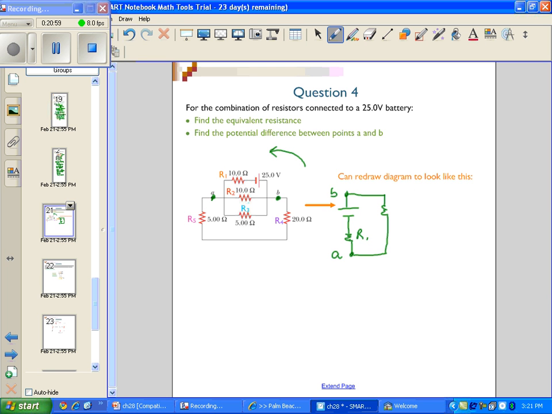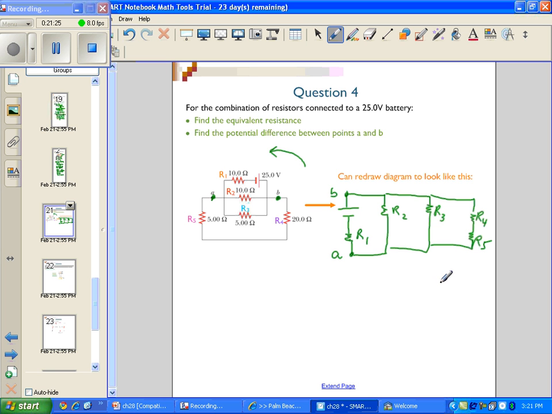So let me go ahead and just label R1, R2. And parallel with that is R3. Let's label that. And parallel with that is the combination of R4 and R5. Let's label that R4, R5.